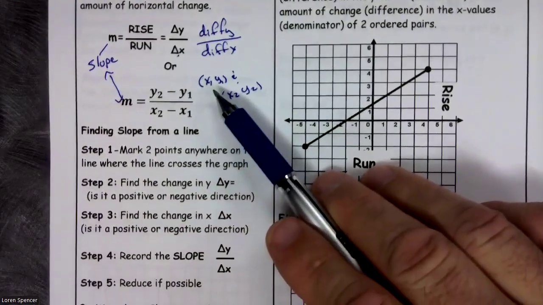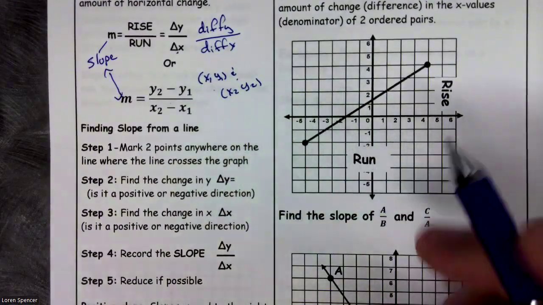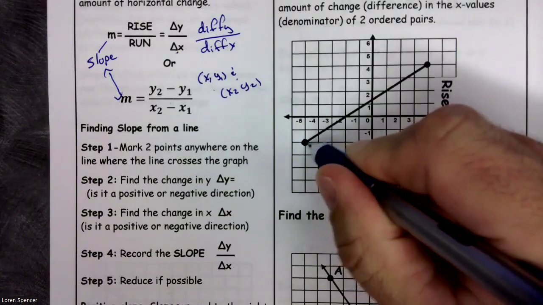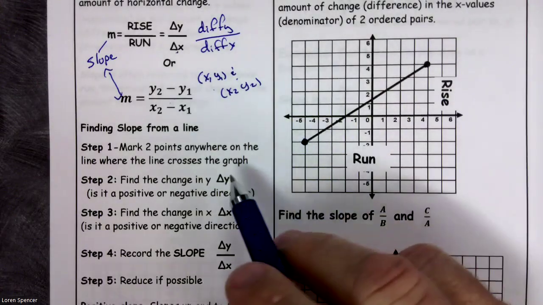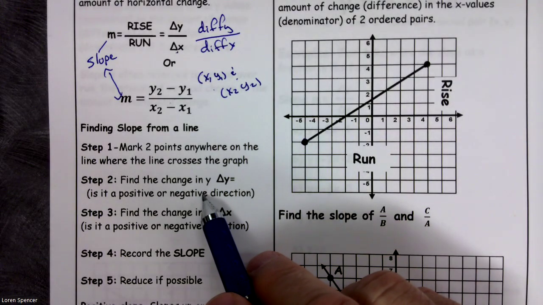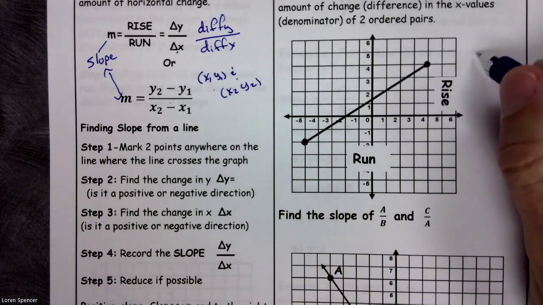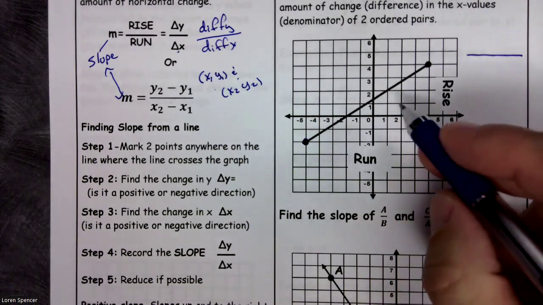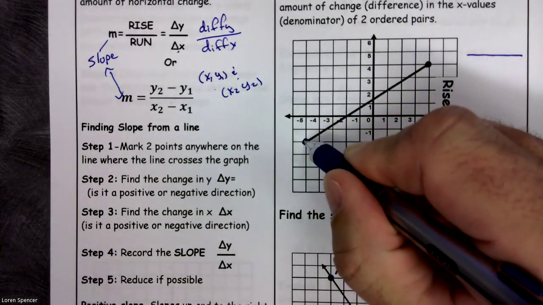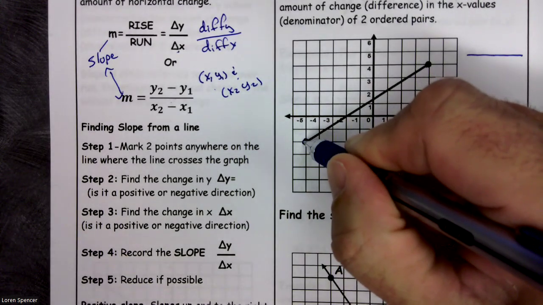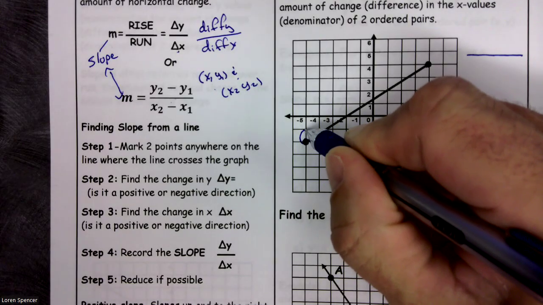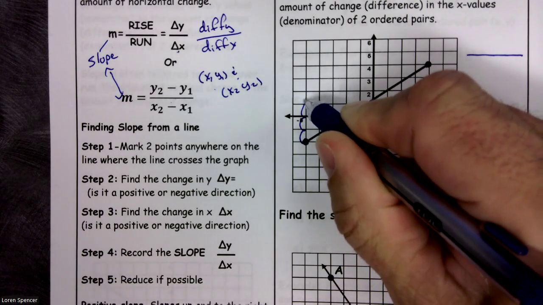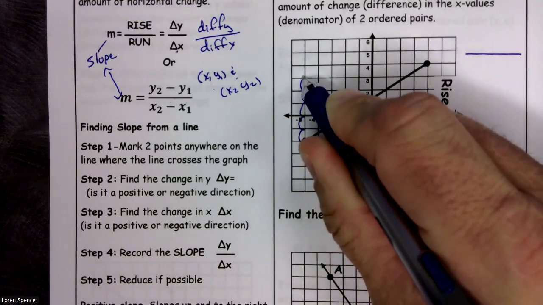So, finding the slope from a graph: mark 2 points anywhere on the graph. We actually have 2 points marked right there. Find the change in y, in a positive direction. And by the way, y goes in the numerator. I'm starting here and going up, so that's positive. I'm going up 1, 2, 3, 4, 5, 6.